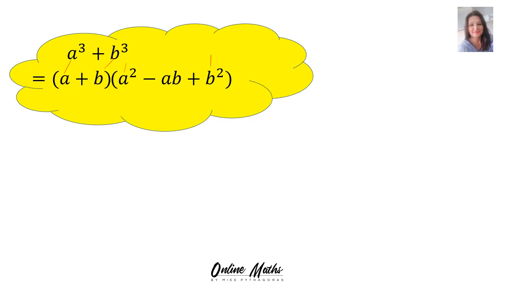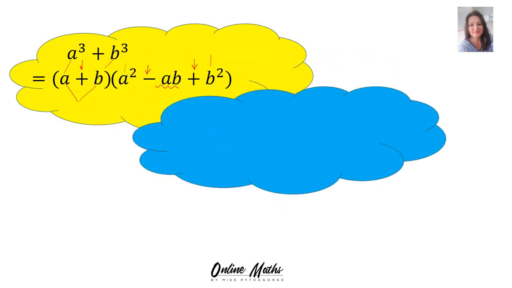Your middle term is these two in your small bracket, a times b. That's where your middle term comes from. When this is the sum of two cubes, your signs are always a plus, a minus, and a plus. That is your pattern.